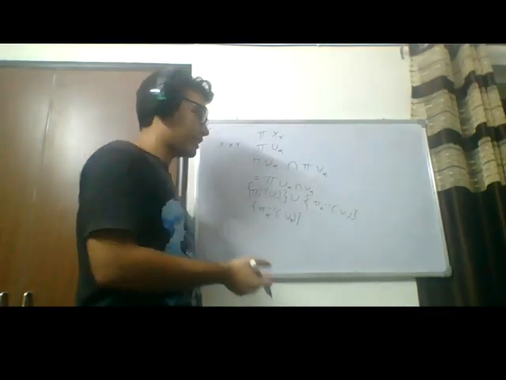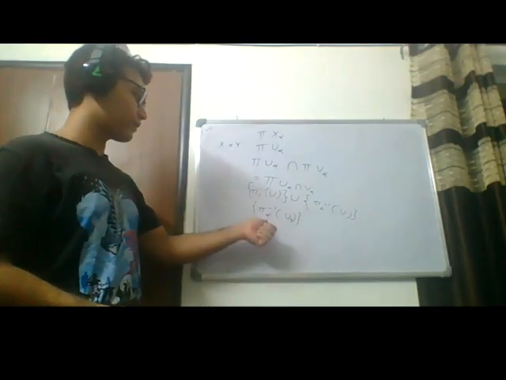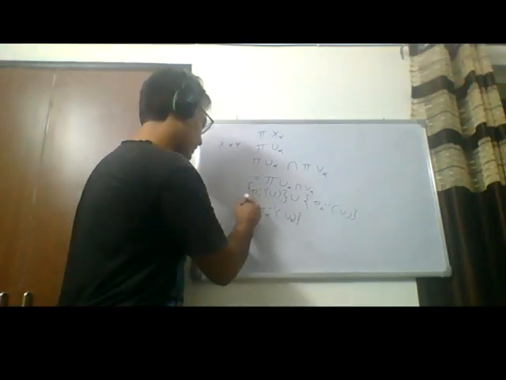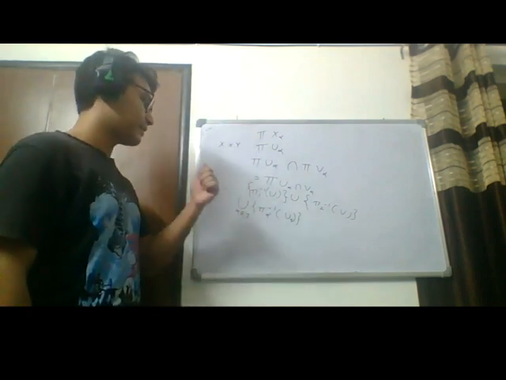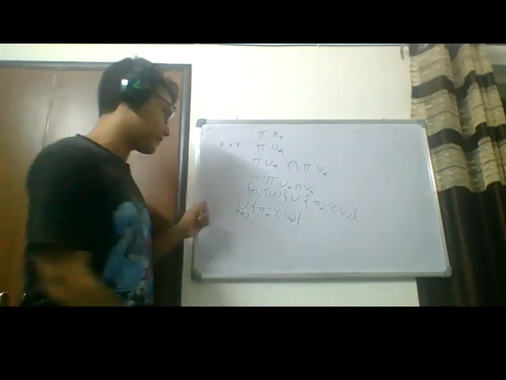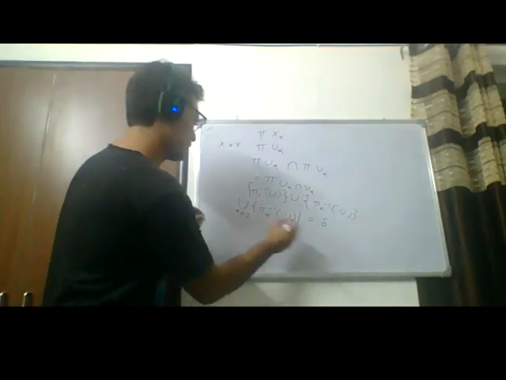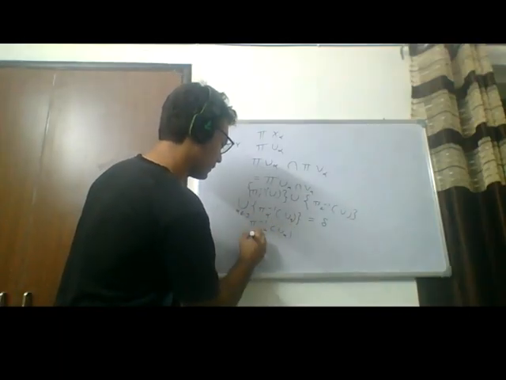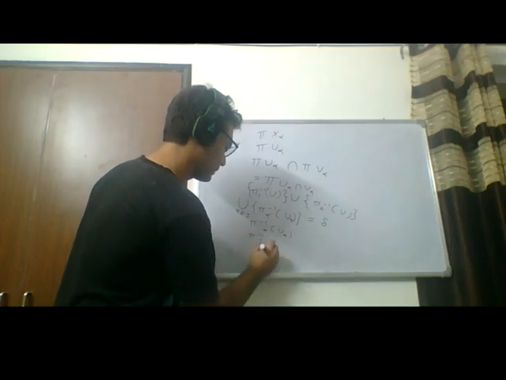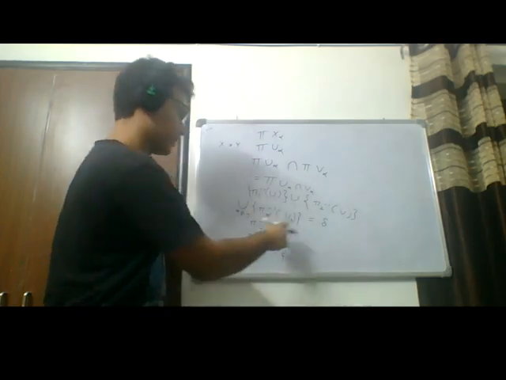So U alpha is an open set. Pi inverse of alpha is the inverse image from the projection function, and you take the union across all alpha in J, and that is a subbasis. So it's a subbasis because you just take pi inverse of alpha of U alpha, and pi inverse of beta of U beta, beta not equal to alpha.